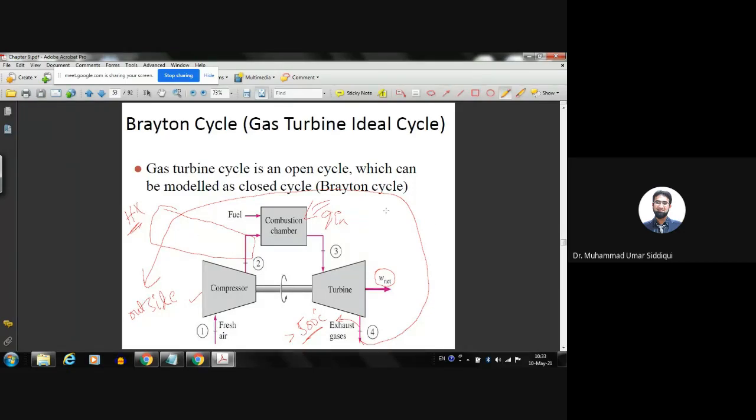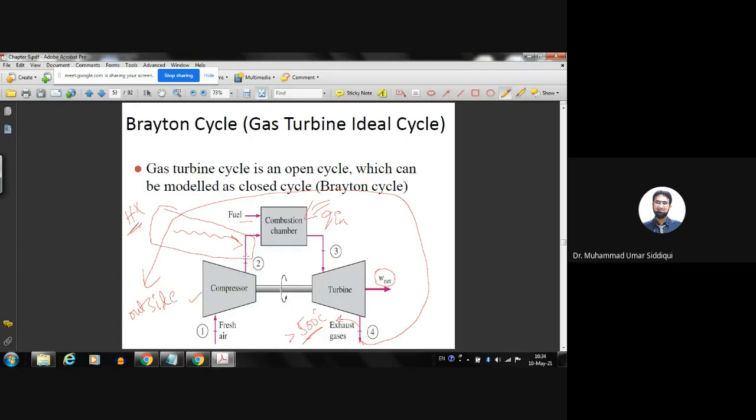One is the stream of the exhaust gases. The other is the stream of the new air, which is going from the compressor to the combustion chamber. This new air needs to have heat added to it. So instead of all the heat being supplied by Qin with the help of a fuel, we make use of the heat of the exhaust gases and provide some of it to this cold stream, to this new air.